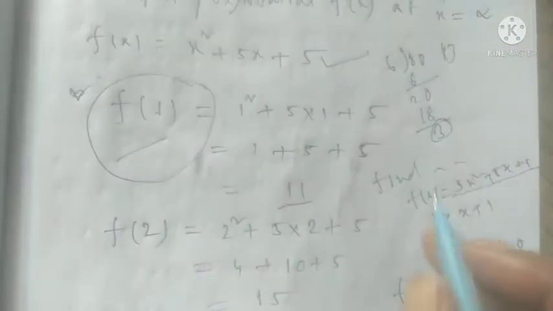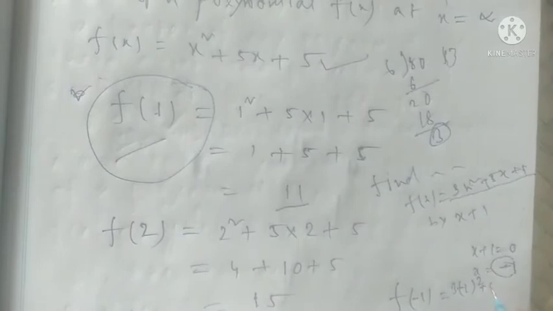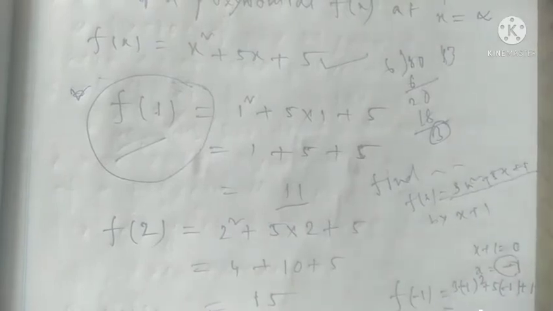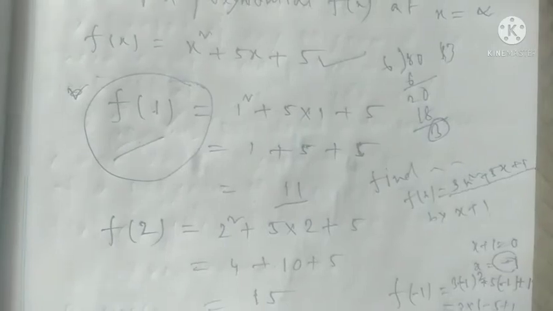So f of minus 1 is equal to 3 into minus 1 square plus 5 into minus 1 plus 1.